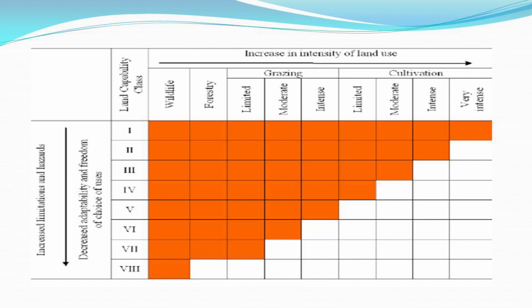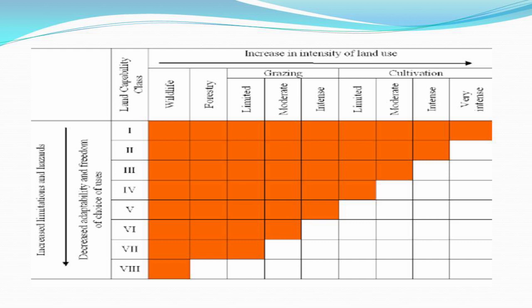Here, if you see this slide, you will understand the different classes. If we see, there is an increase in intensity of land use. Class 1 can be used for wildlife, it can be used for forestry, it can be used for limited or moderate or intensive grazing.